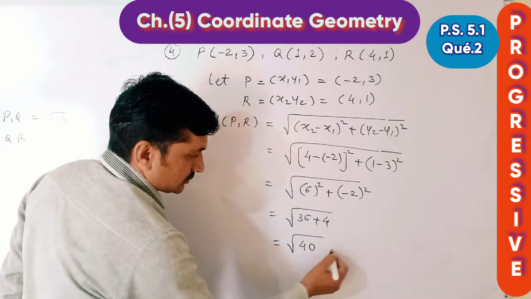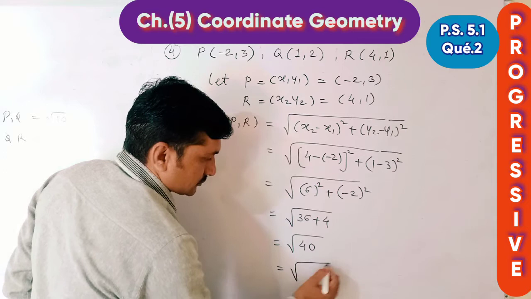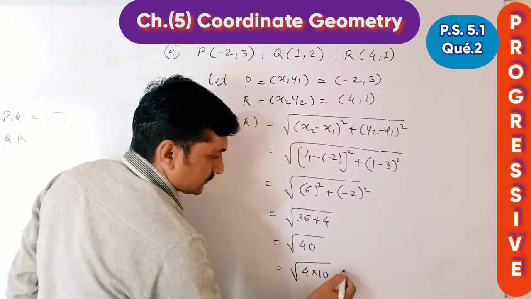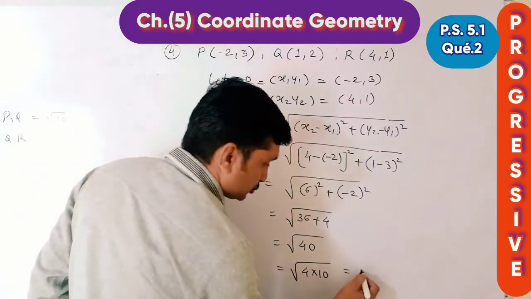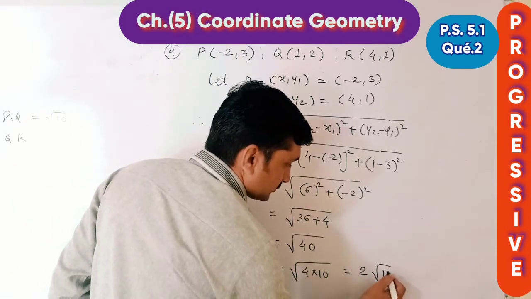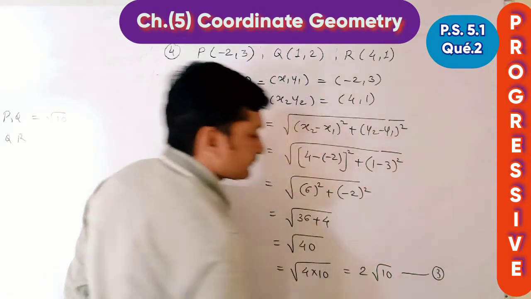If we factorize it, 4 multiplied by 10, square root of 4 is 2, and root 10 is irrational. Number 3.